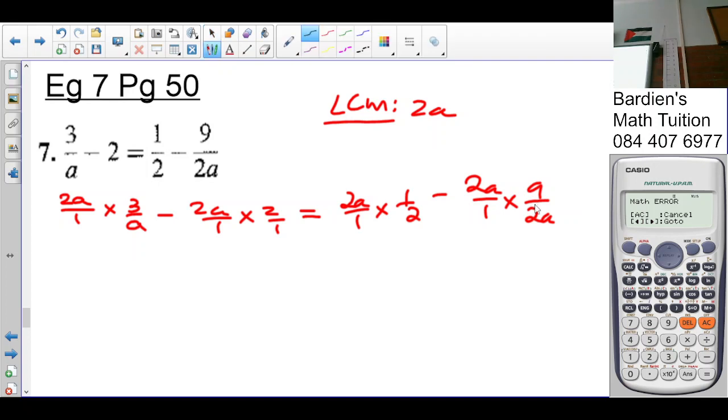What's going to happen here? Cancel the a. So what am I left with? 2 times 3 minus. Can anything cancel here? So it's 2a times 2 equals. 2 cancels 2, not so? So it's going to be a times 1 minus 1 into.